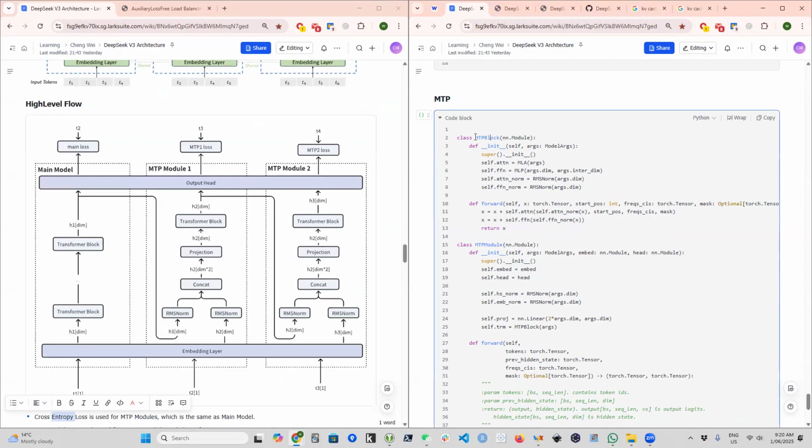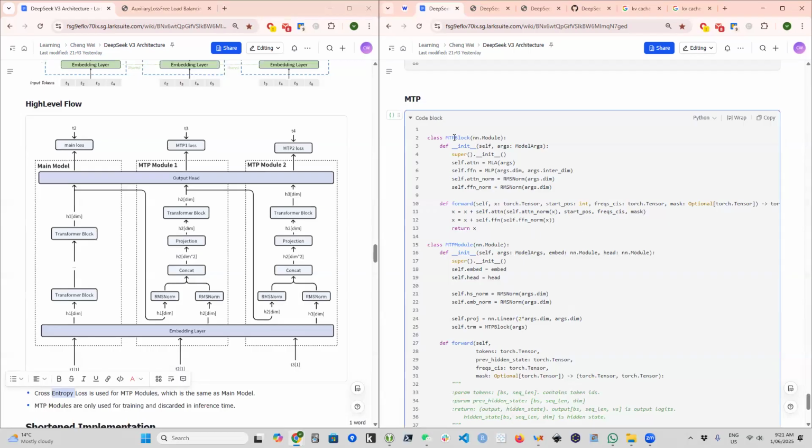So this multi-token block is the multi-token transformer block. It's a normal thing: attention, feed forward, then attention norm and feed forward norm, right?